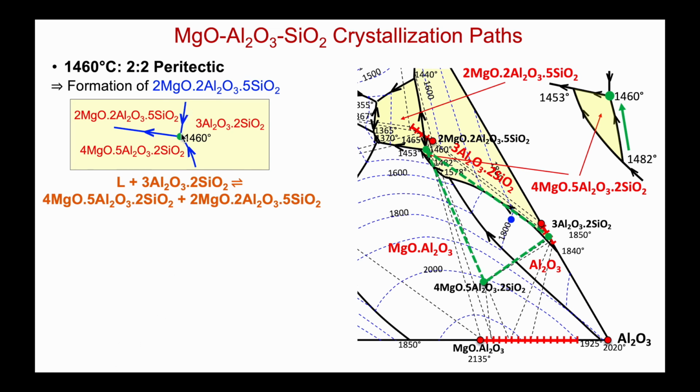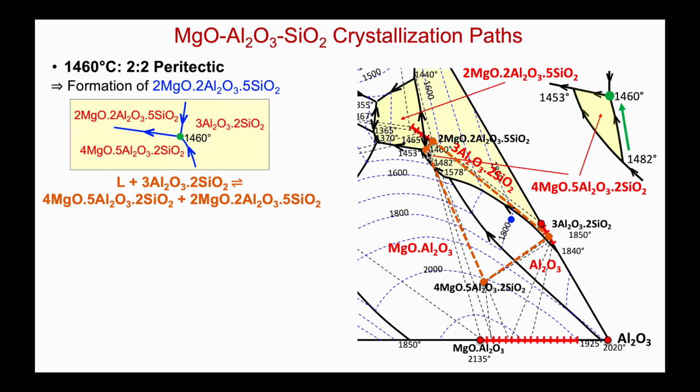We've got two valleys coming in and one coming out, and so it's a 2-2 peritectic, liquid plus the primary phase lying between the two incoming valleys, which is our 3Al2O3-SiO2 phase, in equilibrium with, on the other side, the two primary phases that are either side of the exiting valley, which is safran plus 2MgO-2Al2O3-5SiO2. So use the trapezoid to connect all of those phases together.